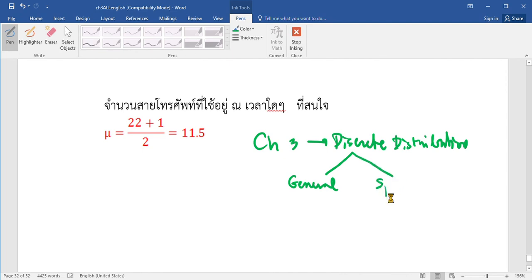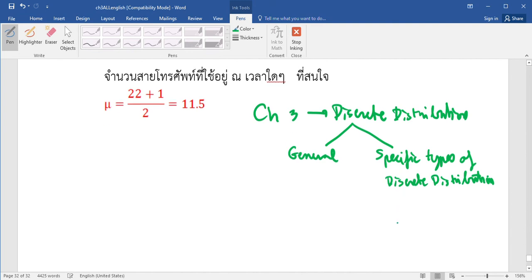For these specific types of discrete distribution, you need to analyze by your own judgment if it fits the situation described, for the binomial or for the other types. You must know how to analyze it.